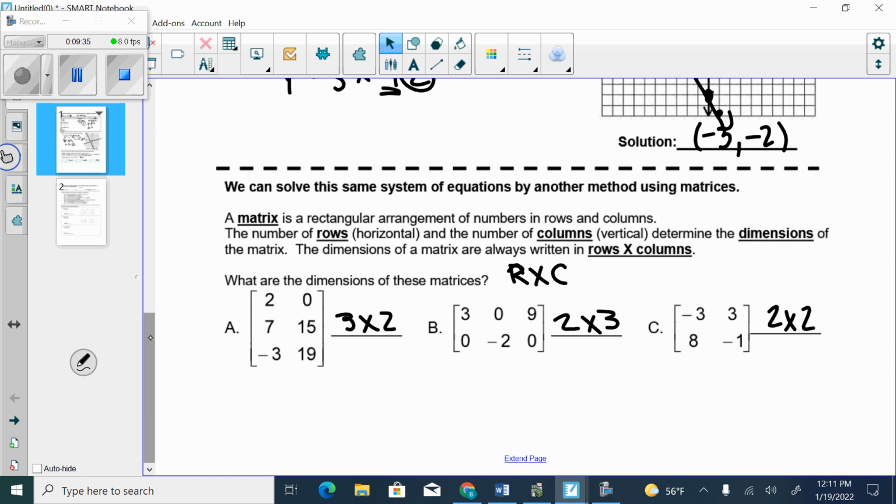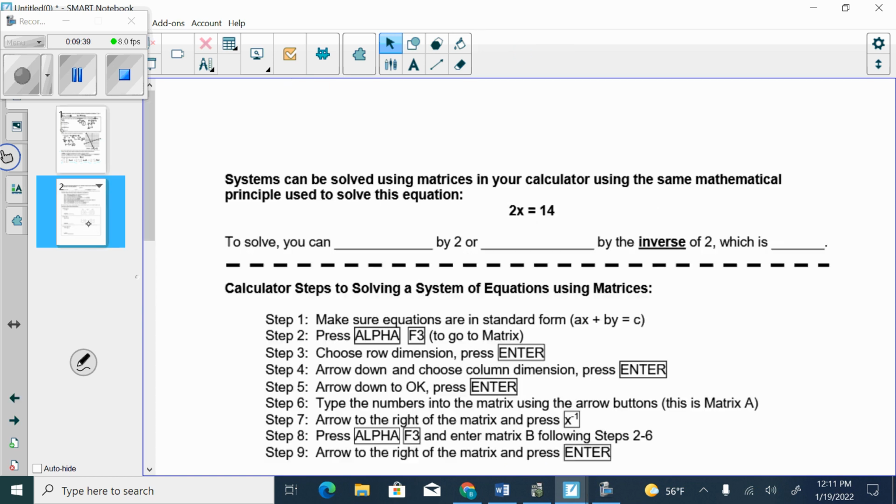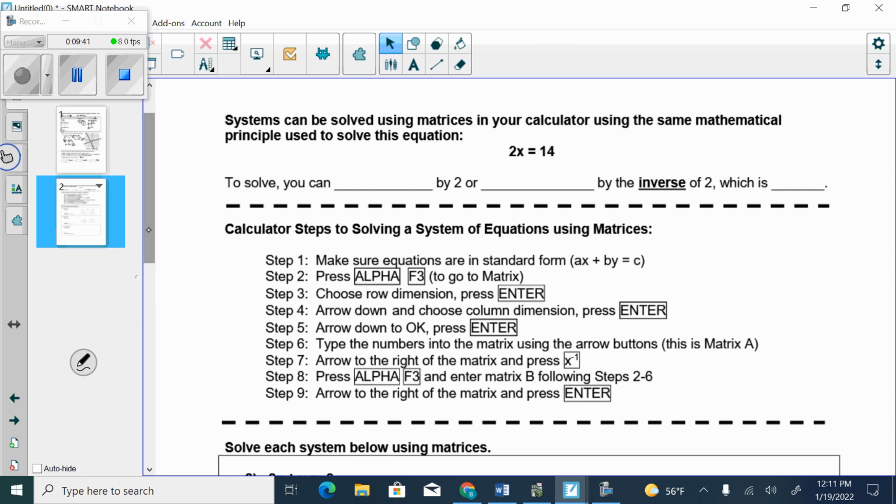All right, so flip it over onto the back. It says systems can be solved using matrices in your calculator using the same mathematical principle that you would use to solve this equation right here. So, to solve this right here, what would you do first? Divide by 2.